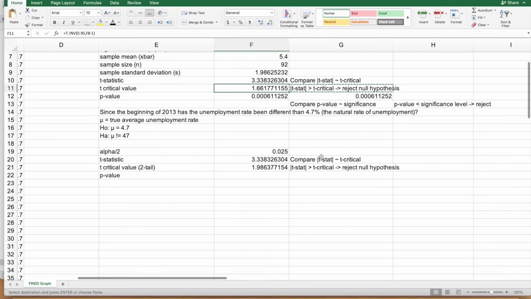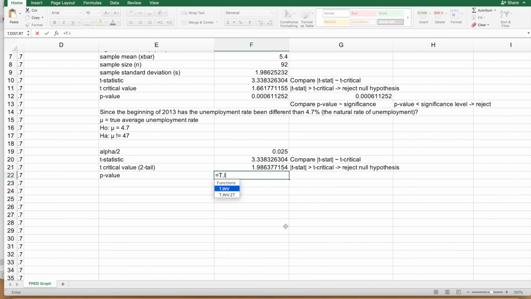Let's take a look at our p-value. Our p-value is T.DIST. The probability, we want a distribution because we're figuring out a probability. X, 3.3, degrees of freedom, n minus 1, of course.